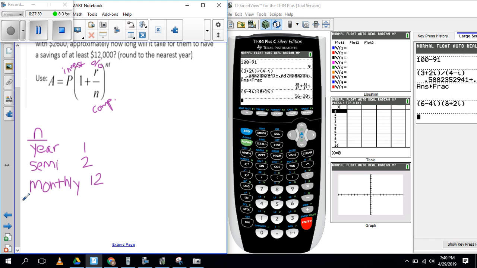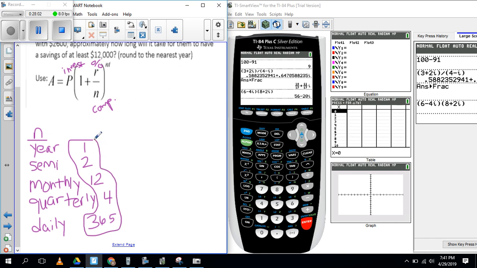Well, how many quarters in a dollar? 4. So quarterly is 4. Daily, I think that's our last one. Daily. How many days in a year? 365. So if our N is one of these, this is the number we will use.